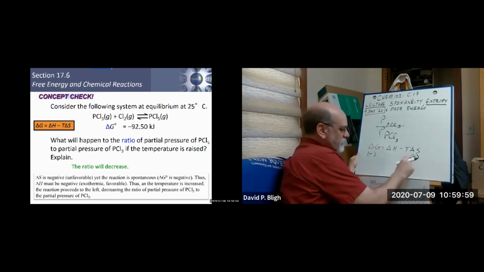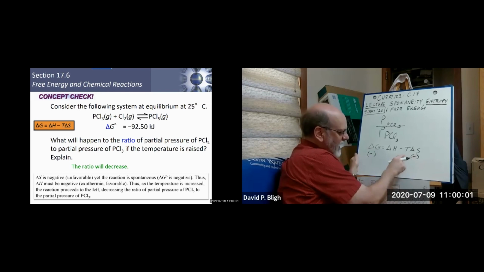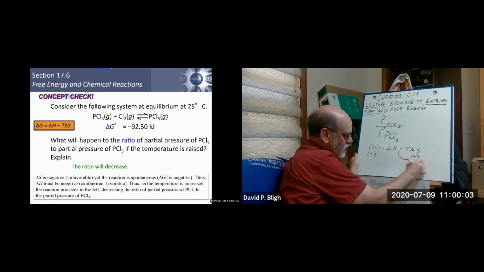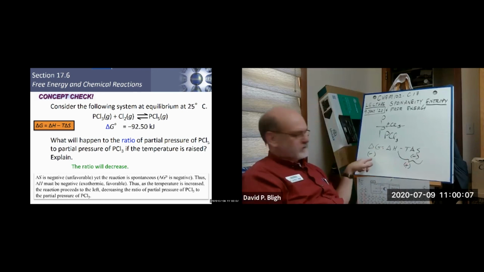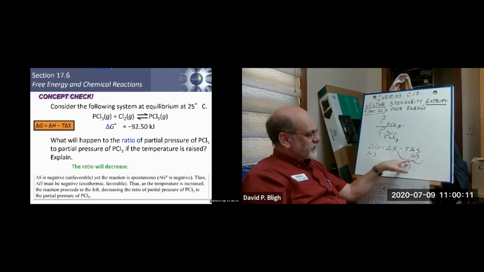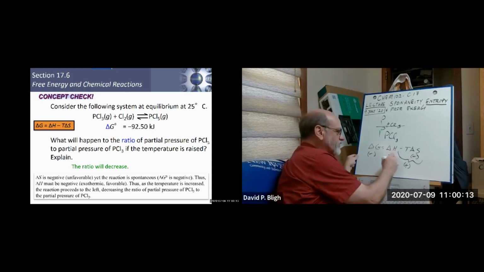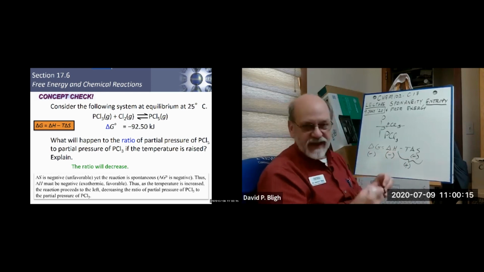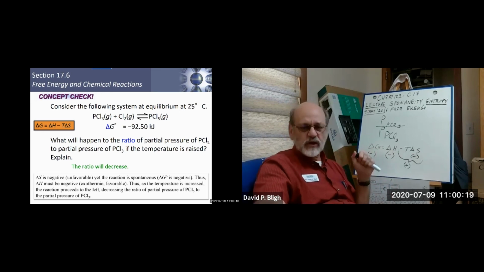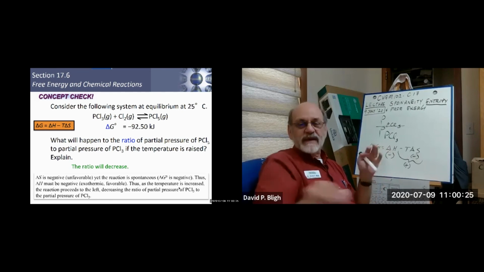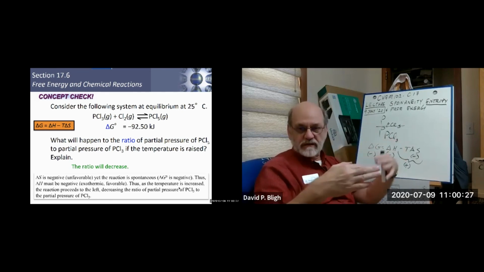Well, if that's negative, and this term is positive, how do we get that to be negative? The only way to make this one negative after this one is positive is that one's negative. It's exothermic. So delta H would have to be negative.